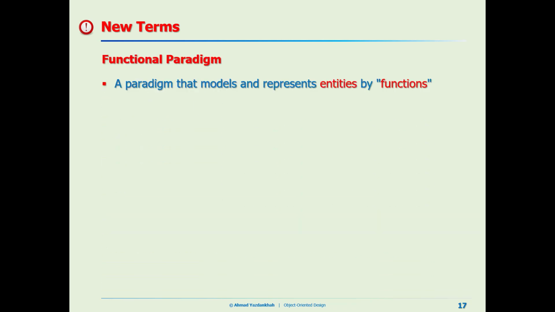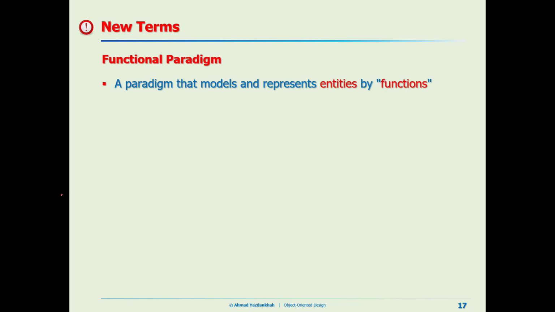Okay, so what is the functional paradigm? Since it is a paradigm, it is dealing with entities, right? And the way it looks at the universe is as functions. It represents all of the entities in the universe, the entities and their relationships, by functions. So that's what we call the functional paradigm.